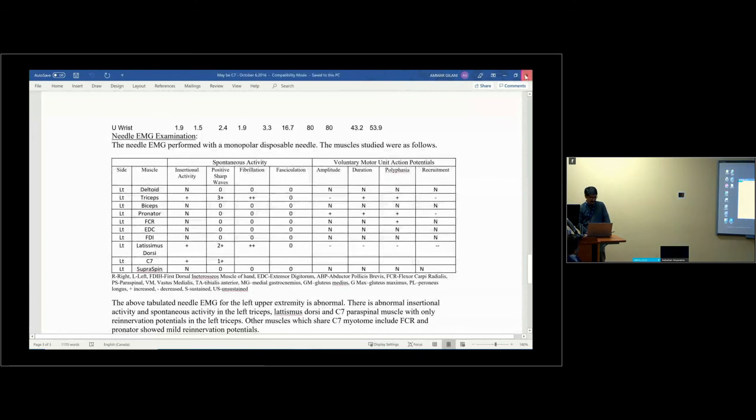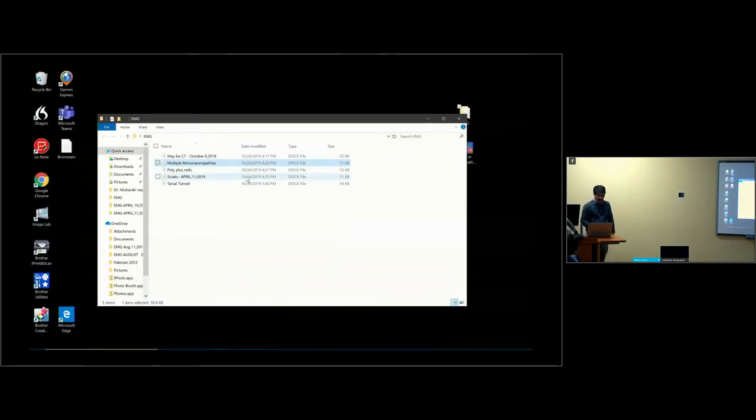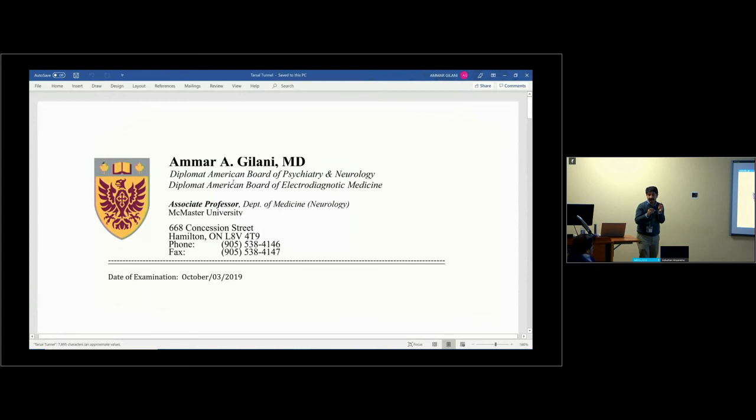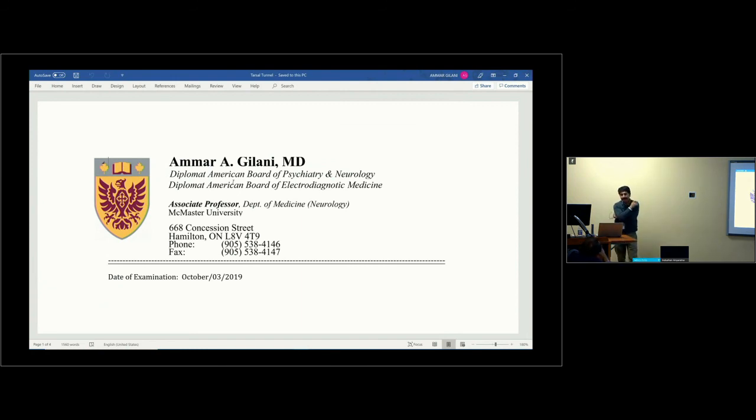I was trying to plea my case as to what can we offer, right? Ideally, what I hope for, if we have a comprehensive place, is that the EMGs for pain patients should be done at the pain clinic. How would you suggest?